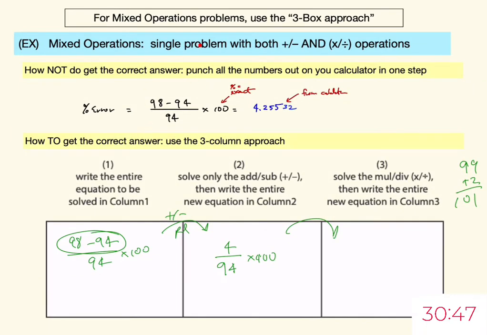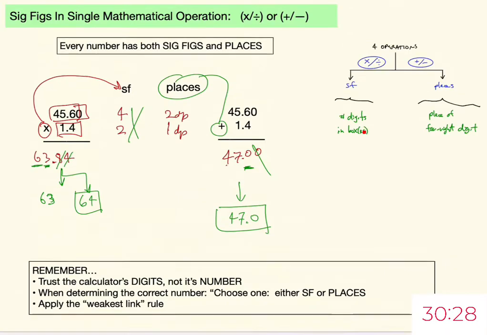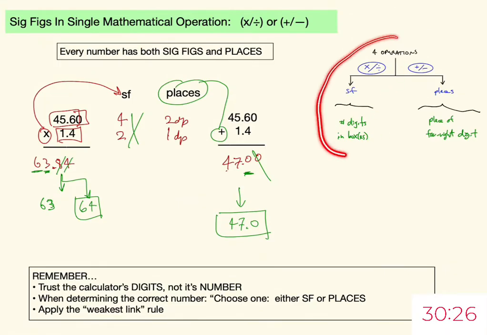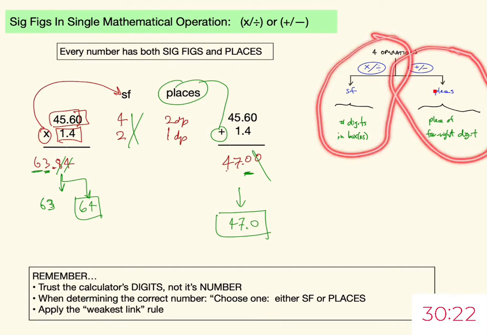Let's see. If you have a mixed operation, trust me on this, do yourself a favor. The first thing you're going to do is just all of the addition and subtraction, which in this case was that. Then you rewrite it, and then the next step, you do the multiplication and division. Why do you do these in separate steps? Because you use different rules. You're going to use one set of rules for the second step, and one set of rules for the first step.